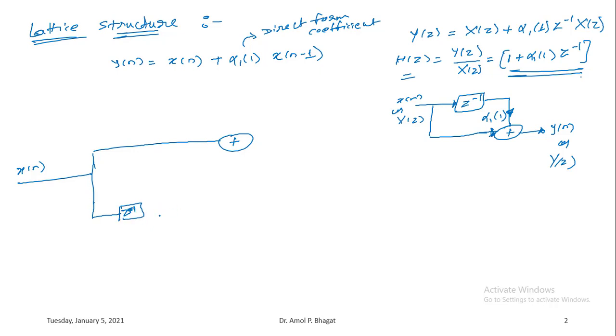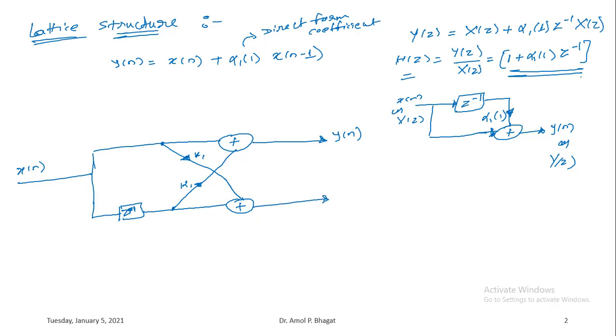Again, an adder will be there, and we'll be utilizing this lattice structure coefficient, which is nothing but k1, for single stage lattice structure. Here you can have this output y of n.